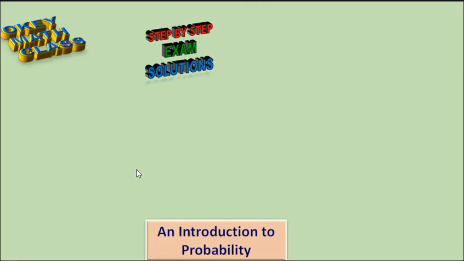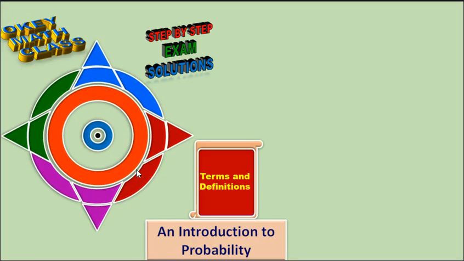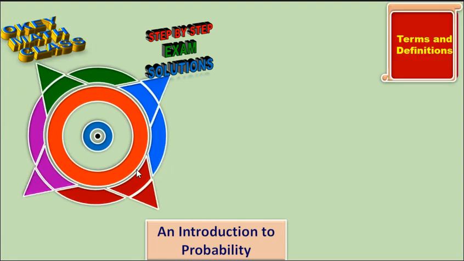Okay, math class, present step-by-step exam solution to probability. In this video, we'll be looking at an introduction to probability. We'll be looking at the following subtopics. Number 1, terms and definitions.